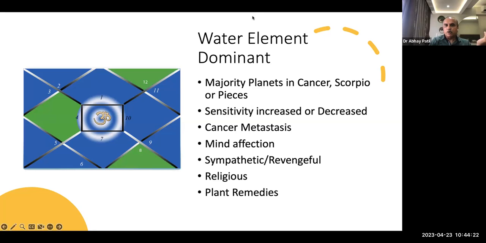While when you see water element, chances of getting a serious disease increase significantly. In wind element, you have mental problems, Alzheimer's, dementia. This is wind element.